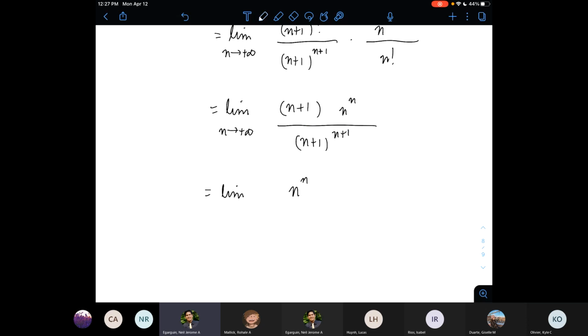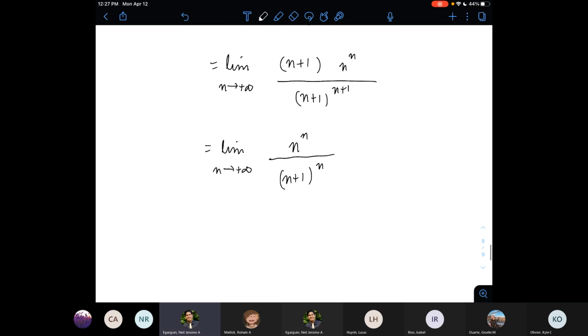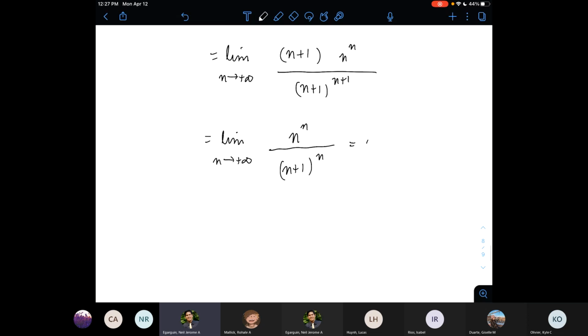So I'm going to have n to the power n all over n plus 1 to the power n as n approaches infinity. Right? And then I can write this as the limit of n over n plus 1 raised to the power n as n approaches infinity.